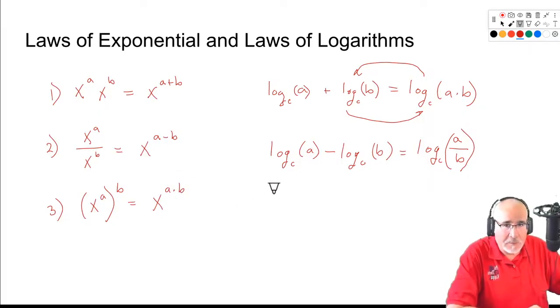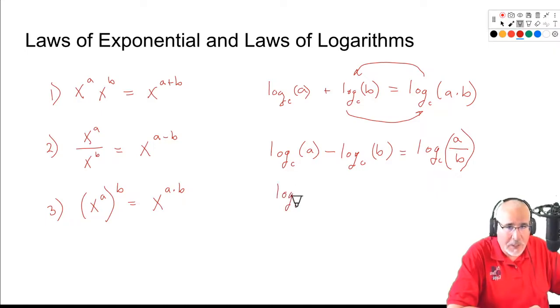Now with logarithms, what that looks like is log to some base c of a raised to the b, and then that's going to become multiplication. So the b is actually going to come down in front and multiply by the log base c of a.